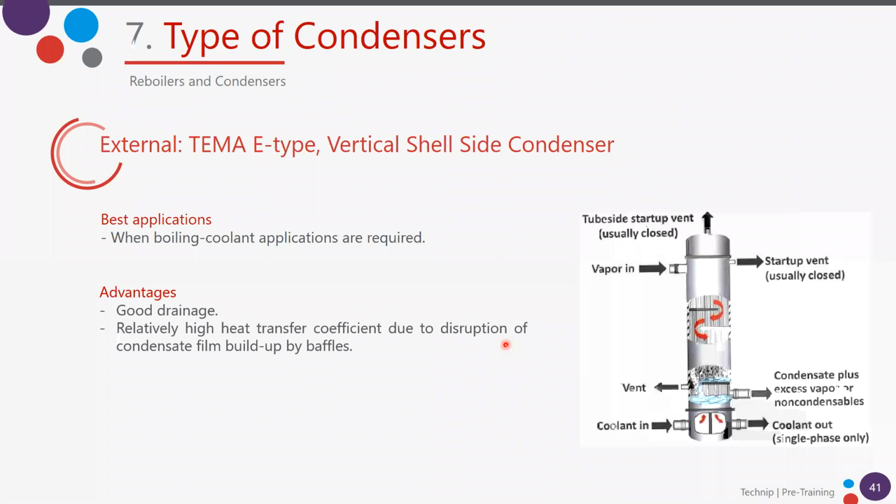The main advantage is the good drainage and also the relatively high heat transfer coefficient due to disruption of the condensate film by baffles, which means that since we have baffles here, the velocity on the shell side is high enough, and this movement of the fluid facilitates the separation between the liquid and the vapor.